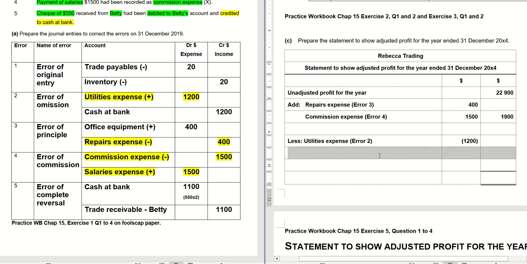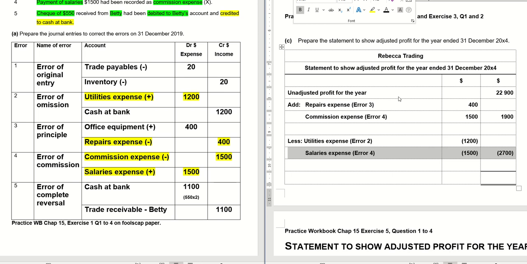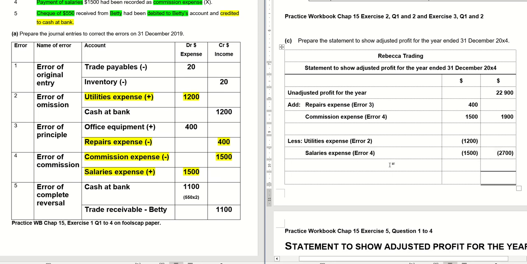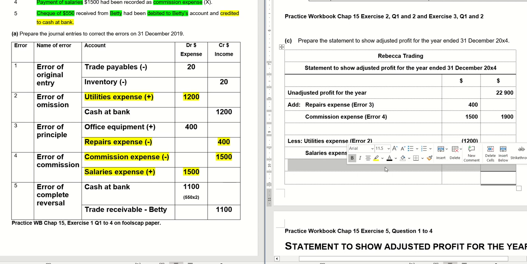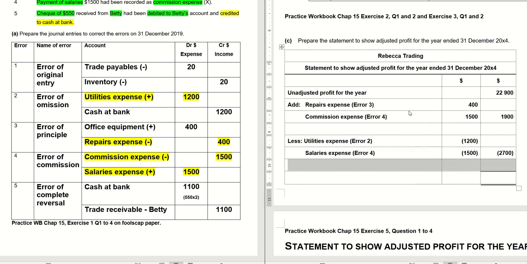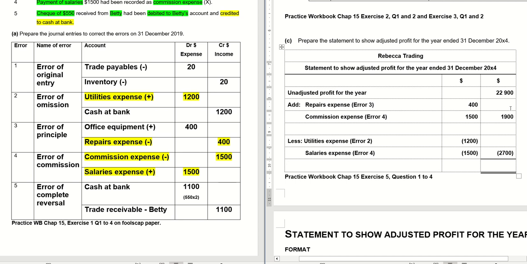So I have less salaries expense. I add the two values up together and I have 2007. Now after that, I will add the three numbers in the final column together, and that is my adjusted profit for the year, my new profit for the year.